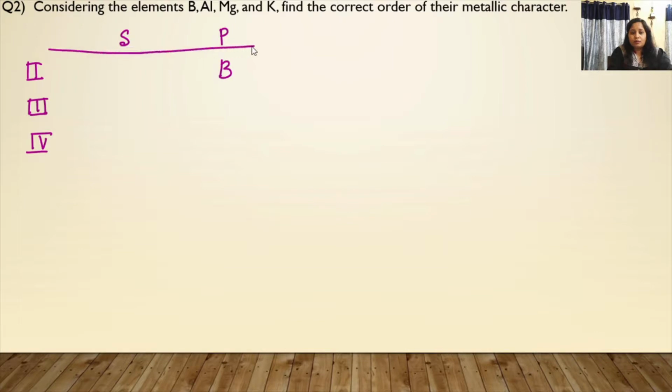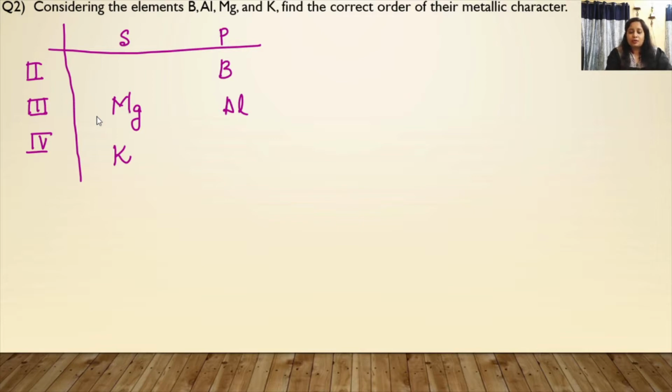If we draw a small periodic table over here for the given elements, we have boron, and in the third period and p block, we get aluminium, then magnesium in the third period and s block, and potassium in the fourth period. Like that we get.